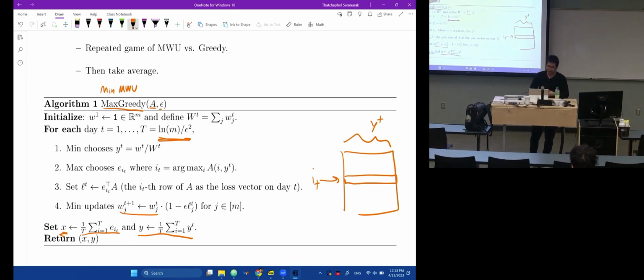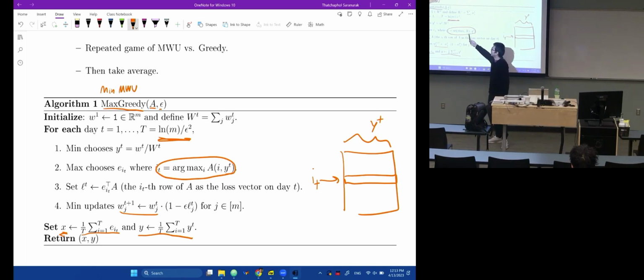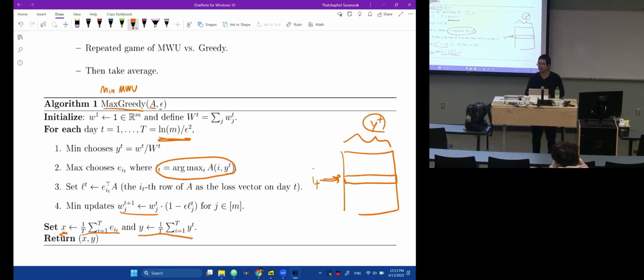And in each iteration, the non-trivial thing that you need to do is just compute the argmax of this thing. Just try to be greedy. Everything else is just weight update. Like given y_t, which row is the best?